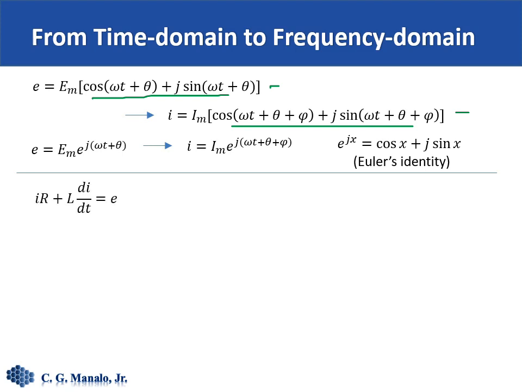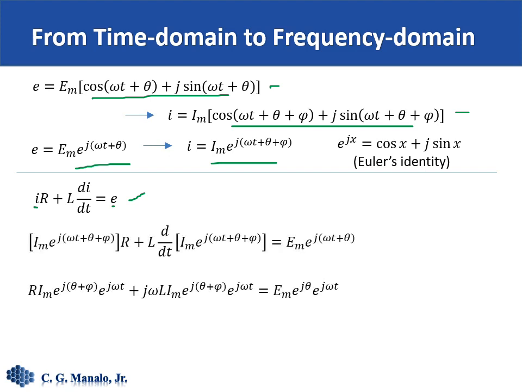Now let's go to our circuit and write the KVL equation for that series RL circuit, which is this one. And let's substitute the values for I and E from here and here. That would give us this one.